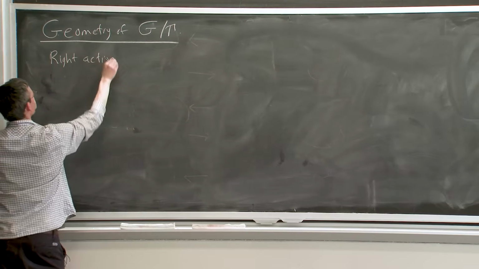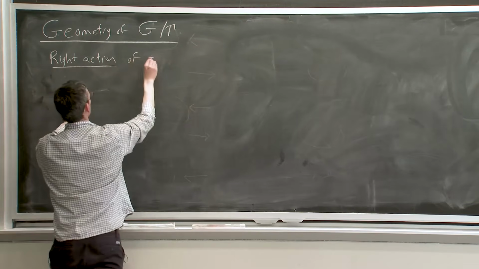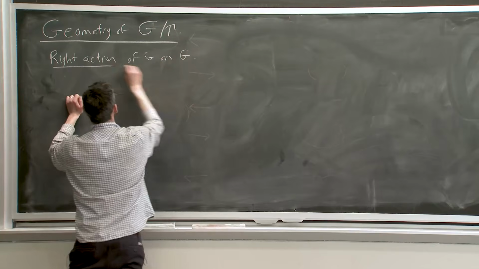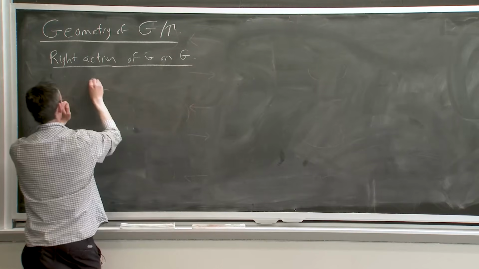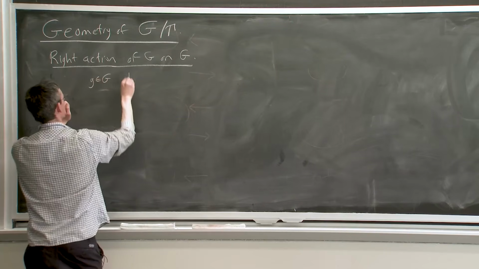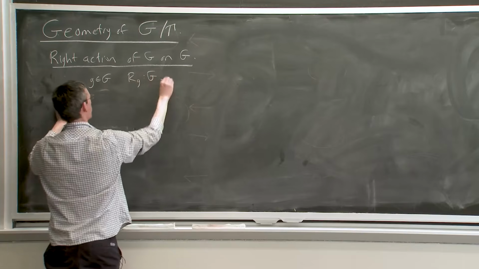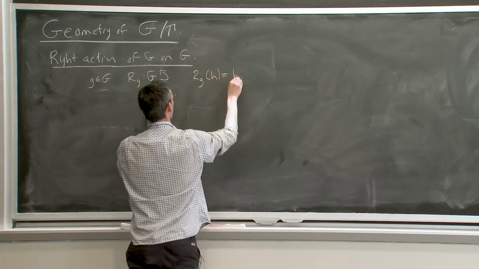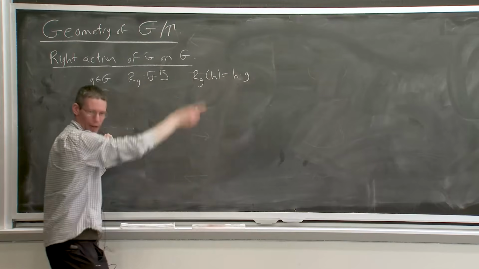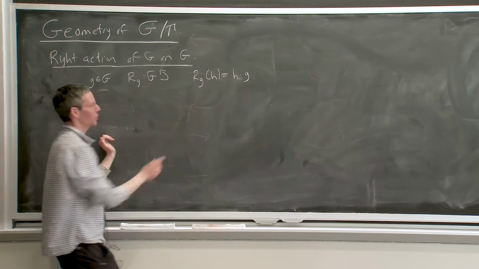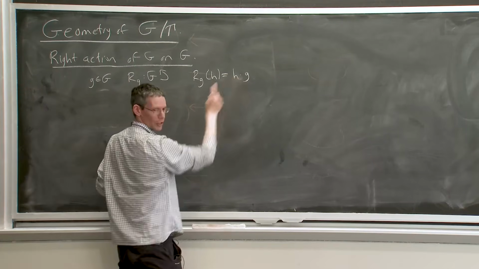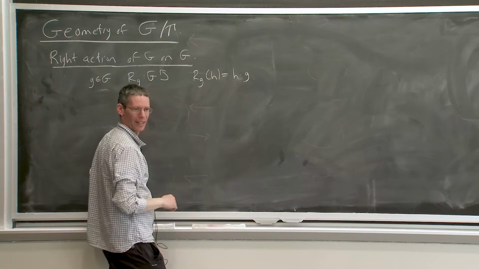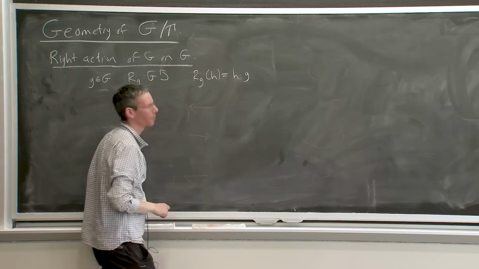First we'll talk about the right action of G on itself. If g is in G, there's a right action, which is a map from G to itself: the right action R_g of h is hg, where you multiply by g on the right side. These groups don't commute, so it matters which side you put it on, and we have to be quite careful in this story.